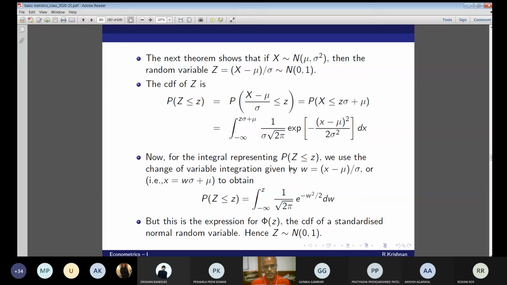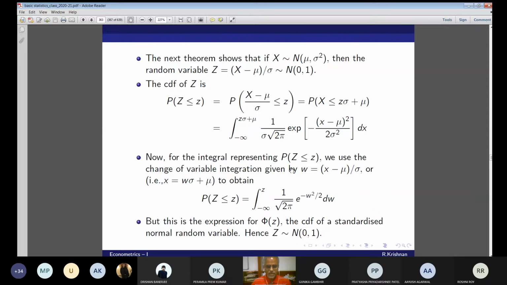How do you show this? The CDF of Z is this. Written in integral form, it becomes the integral with exponent minus x minus mu whole square by 2 sigma square dx.